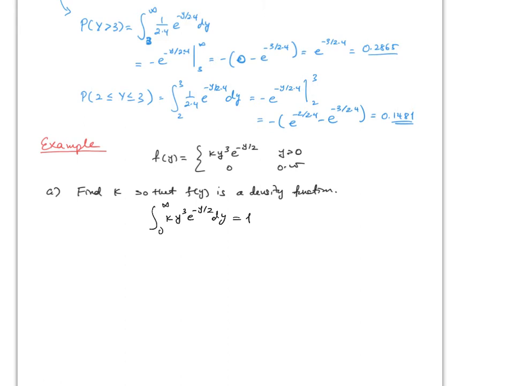All right, so notice you can integrate the whole thing, which can take a little bit of time because you have to use integration by parts 3 times, or you can see that this is clearly a gamma distribution, where you can see that beta is equal to 2 and alpha is equal to 4.